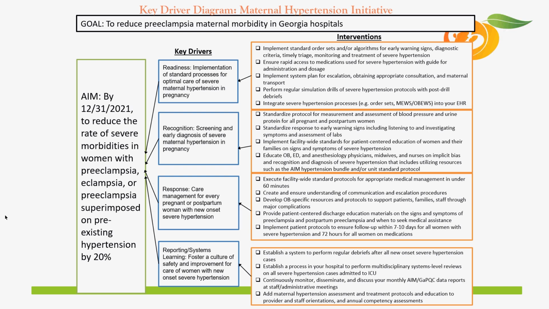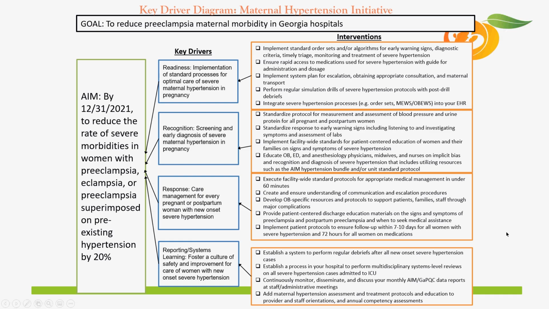Having each hospital be able to look at their data and understand if there are things that structurally or systemically we are doing that are contributing to these disparities is a really important tool for us all to have.